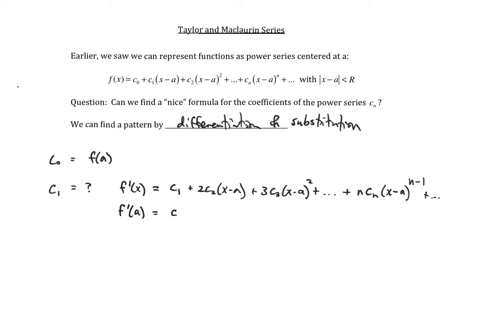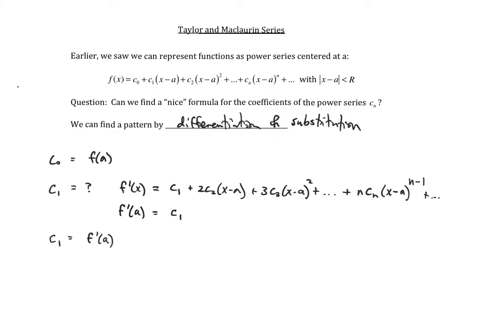I'm going to get C1 surviving, and all the other terms are going to be equal to 0. So this gives me a nice formula for C1, and C1 is really just going to be f prime of a. Great.